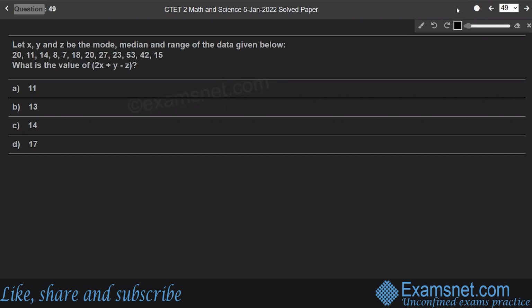So let us write the given data in ascending order. So the least value is 7, 8, and the third term is 11, 14, 15, 18, 20, once again 20, 23, 27, 42, and last 53.